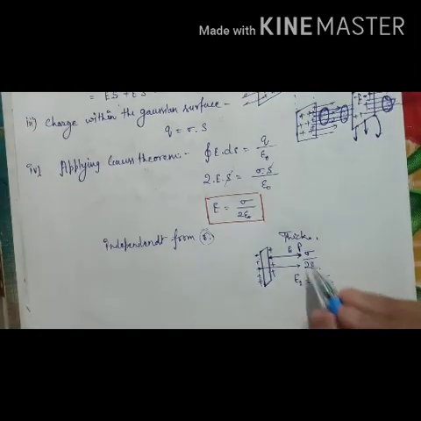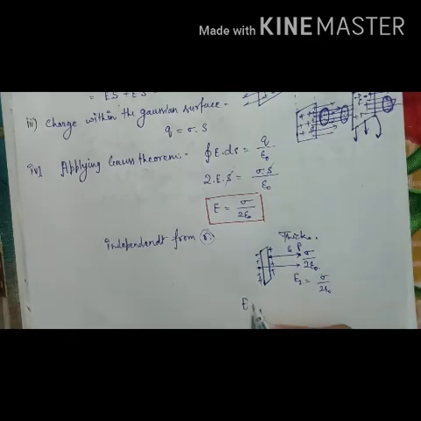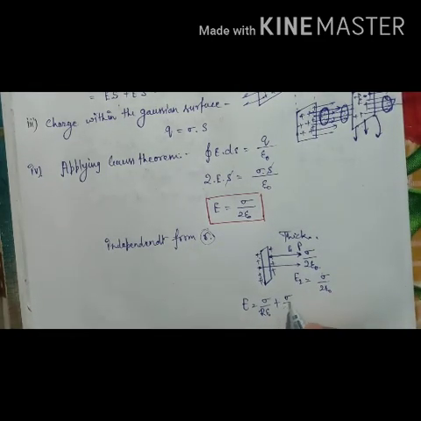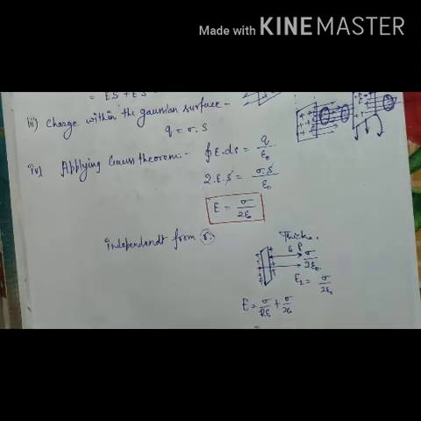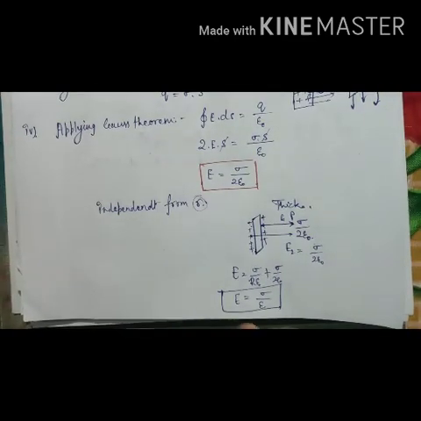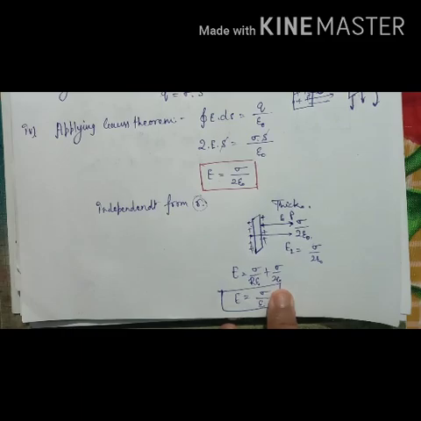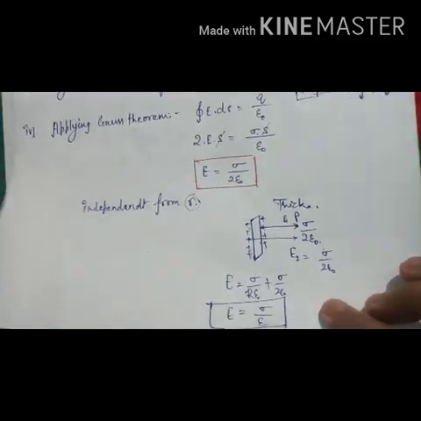So the net electric field is sigma upon 2 epsilon naught plus sigma upon 2 epsilon naught. So in total we have sigma upon epsilon naught for a thick sheet. This is the expression for the electric field: E is equal to sigma upon epsilon naught.